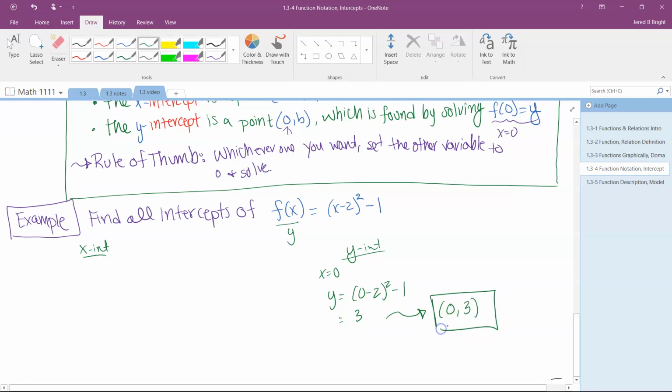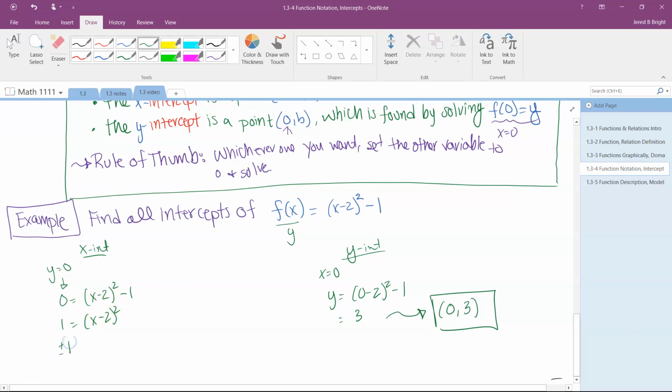So that's one intercept. For the x-intercept, I would let y equal 0. This would be solving the equation 0 is equal to x minus 2 squared minus 1. Add 1: 1 is equal to x minus 2 squared. You could also FOIL this out if you wanted to, but I'm going to do a different method. Square root both sides.